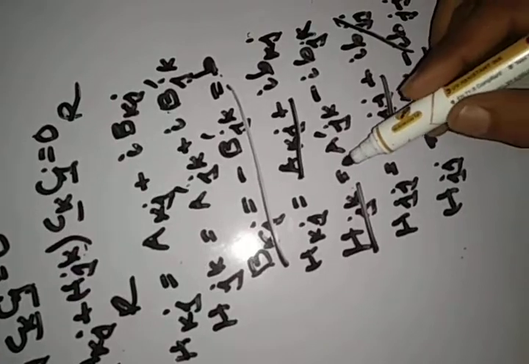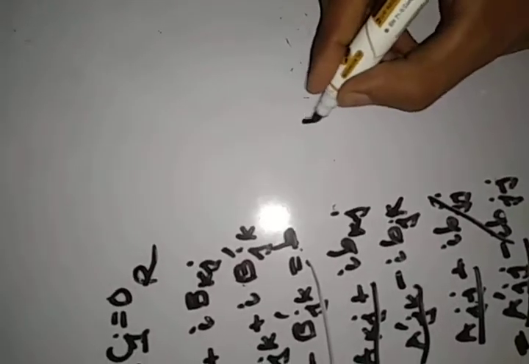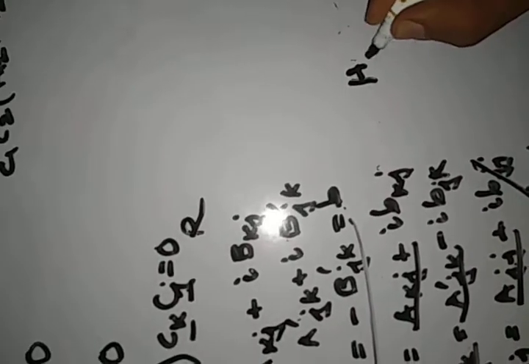But this is a generalized thing, so these two things must be equal. a_kj equals a dash jk, for this is the thing from where these two have evolved. So we can now write in a fresh manner h_kj equals a_kj plus i b_kj and h_jk equals a_jk minus i b_jk.